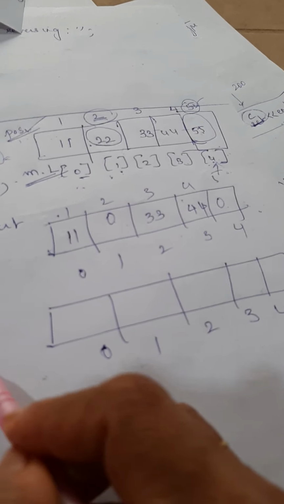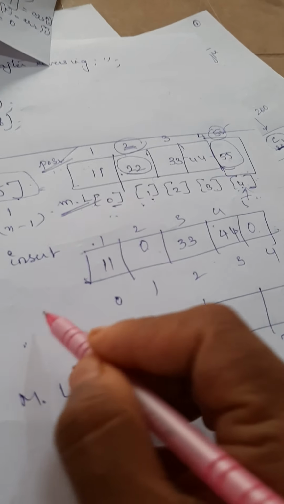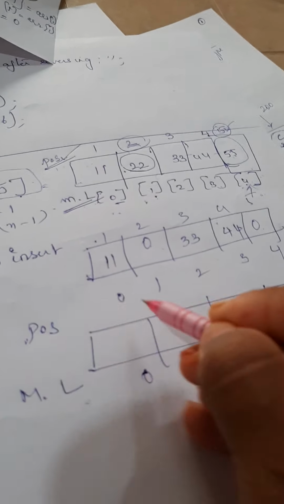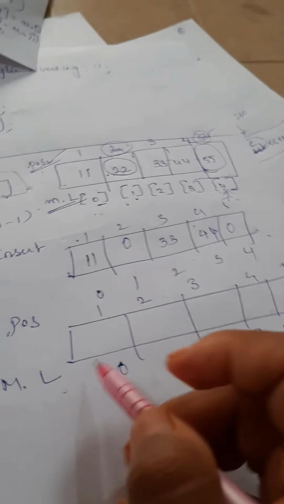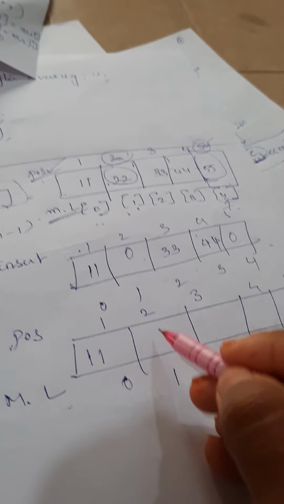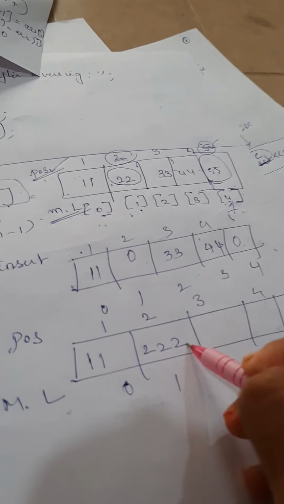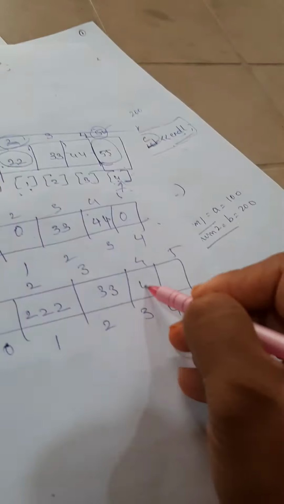These are the memory locations, and you have the positions of the array with 1, 2, 3, 4 and 5. So what are the elements now? 11 will be as it is. Here you have 222, here you have 33, you have 44 here, and you have 555. Okay, so these are the new elements that have been inserted after you deleted 2 elements from the array.